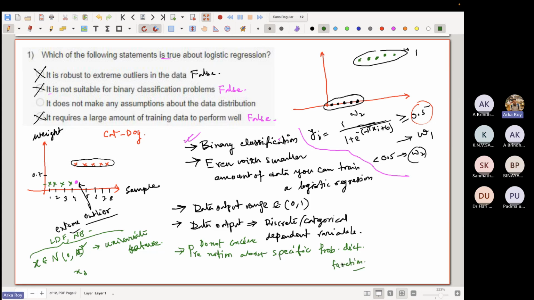It can be any sort of distribution from which data can be sampled, and then we can take some features out of it and classify using logistic regression. Therefore, this particular option is the correct option. It does not make any sort of prior assumption about the data distribution. Okay, fine.